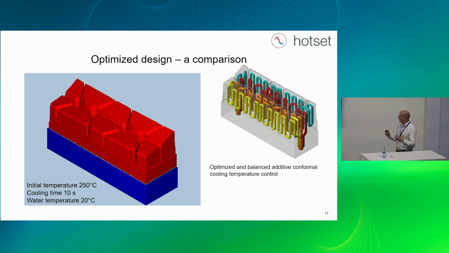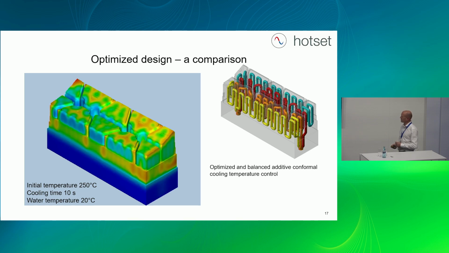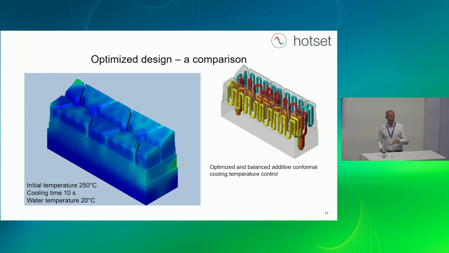We have a lot of heat exchanger surface in this insert. And now, what is the result after 10 seconds? You see, at first, there is always a fingerprint of the cooling circuits. I will go back again.